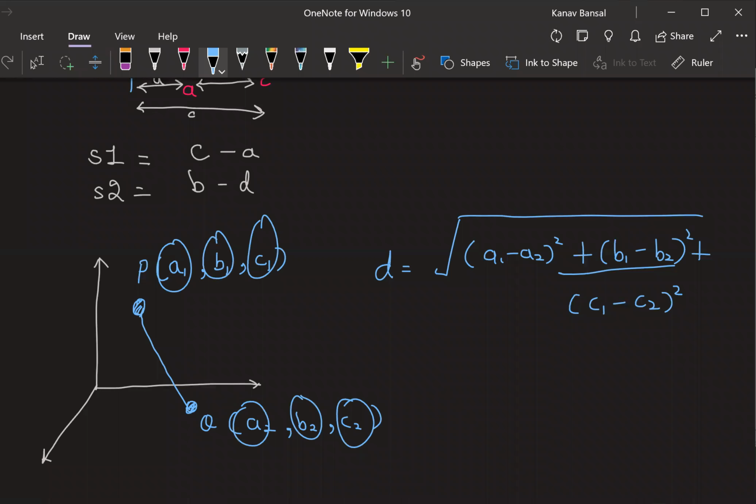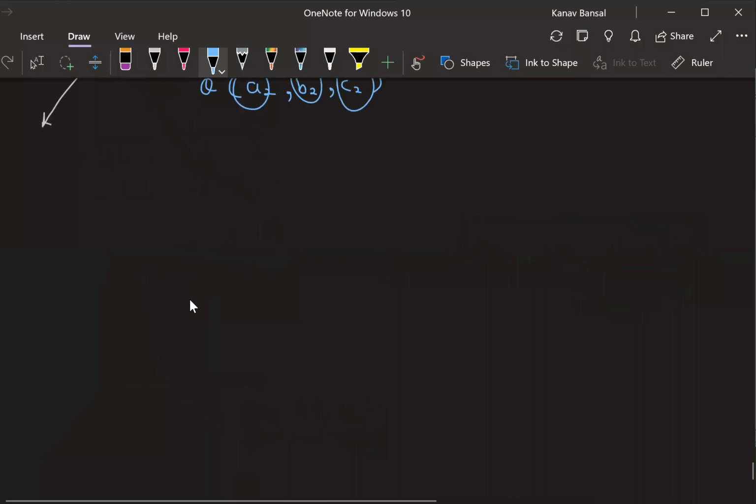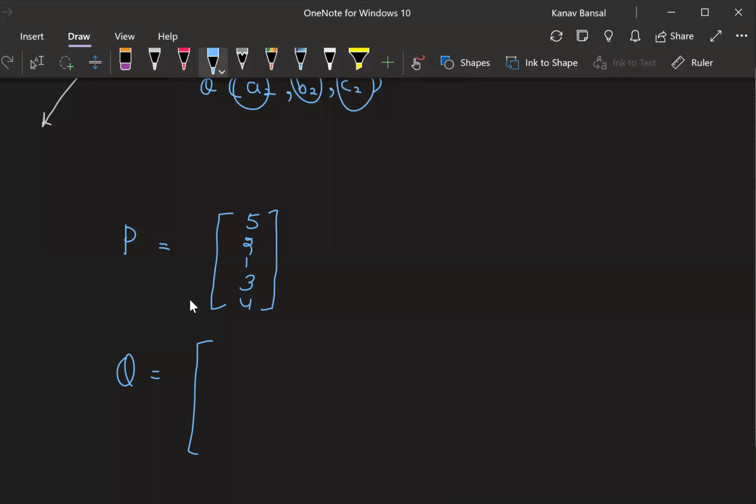Now, similarly, whatever points you are given, for example, let's say somebody tells you 5, 2, 1, 3, 4. Yes, Avanish. How many dimensions do you see in this point? And the other point is 10, 1, 2, 11, 3. Right? 5 dimensions.